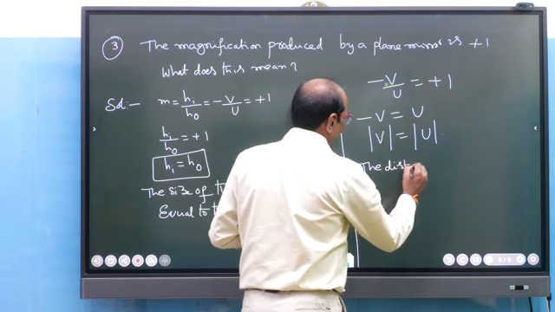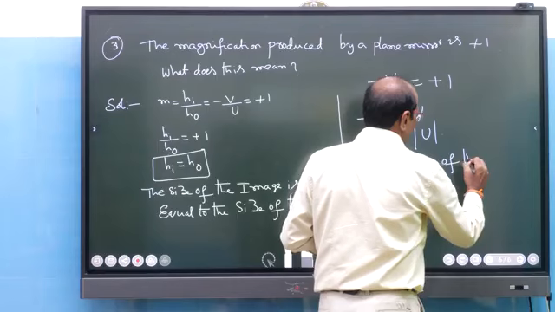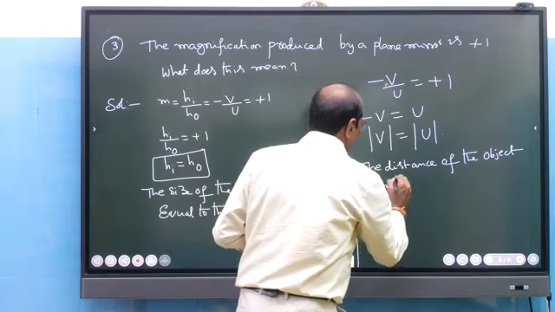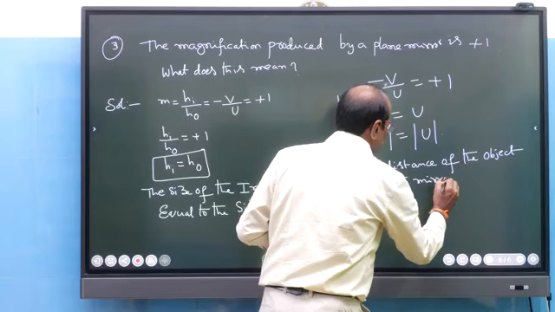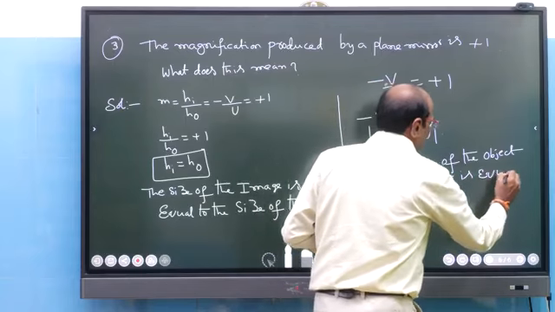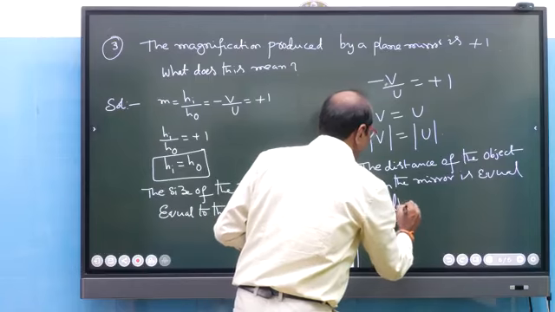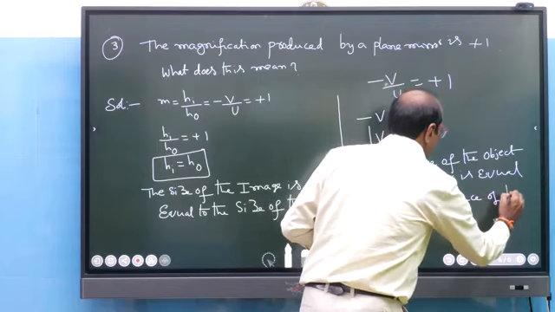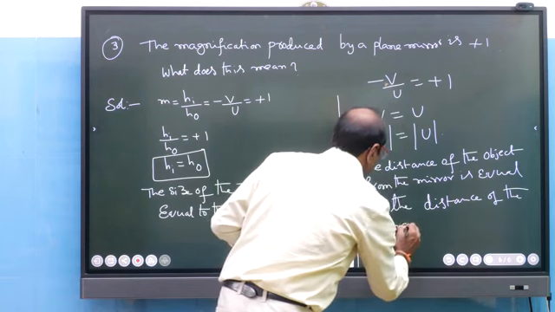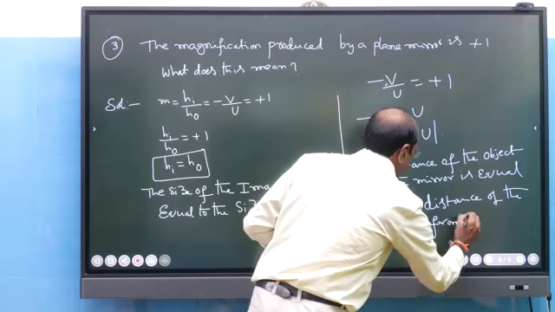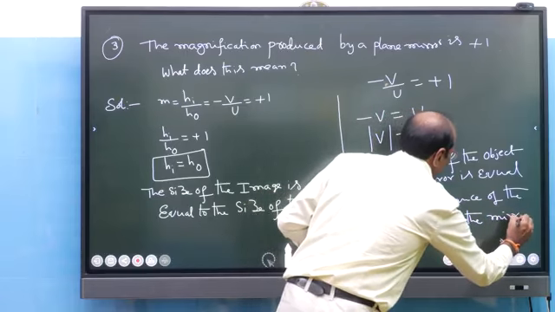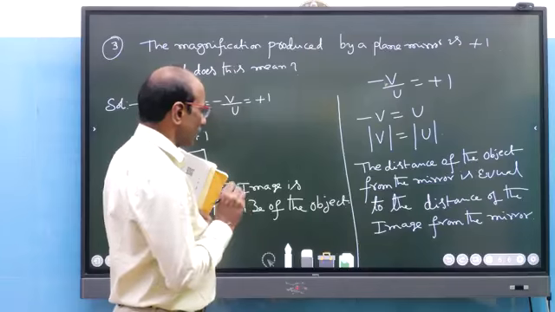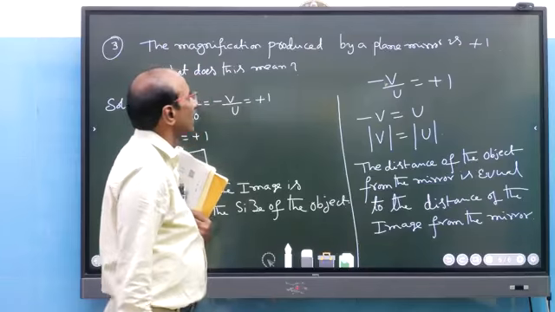The distance of the object from the mirror is equal to the distance of the image from the mirror.